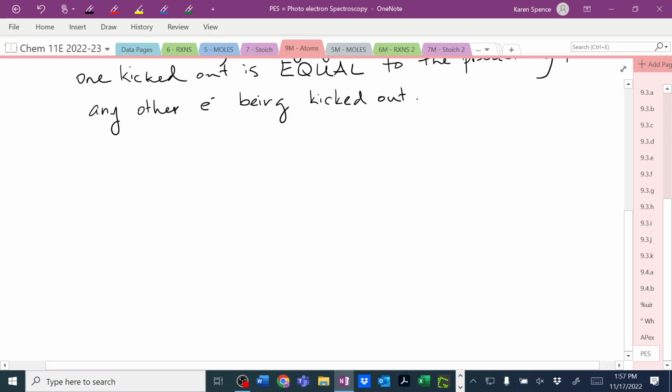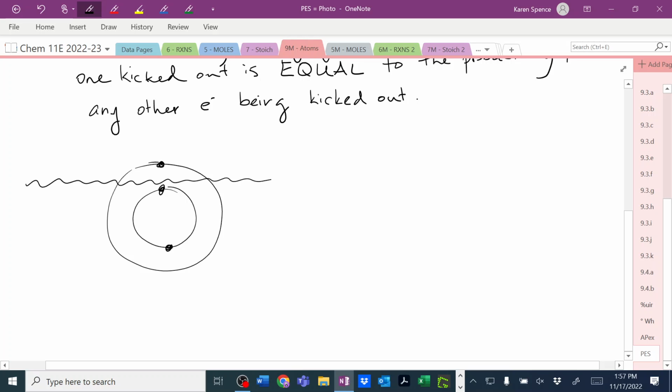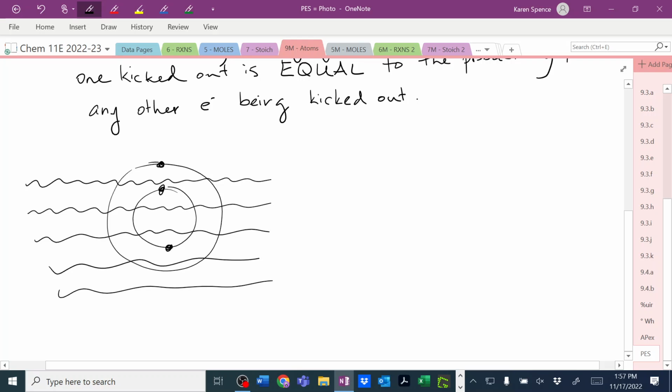So what we're looking at is, let's just use a Bohr model, even though it's not correct, but that's okay. And we're going to do lithium because it's a simple one. So we have photons. That one has enough energy to bump that one out.